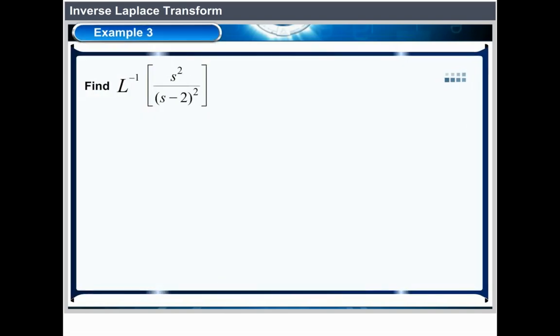Example 3. Find L inverse of s square divided by (s minus 2) the whole square. Solution.